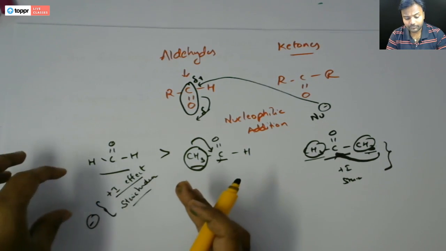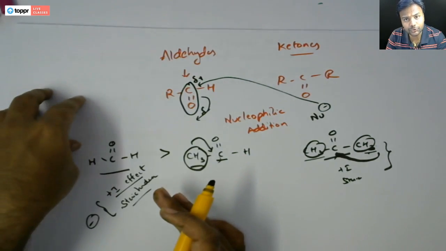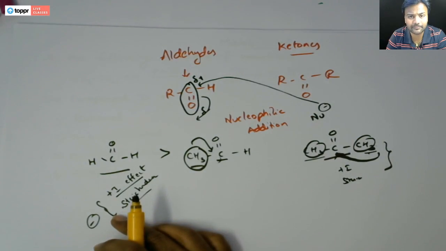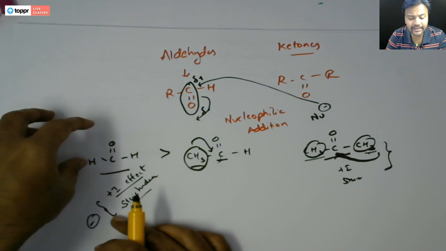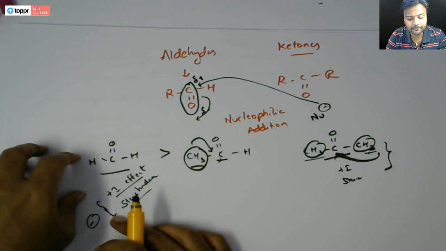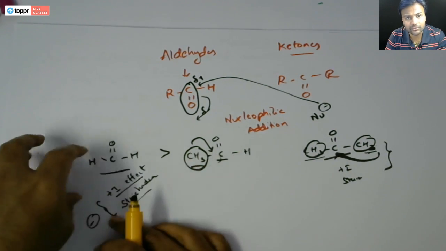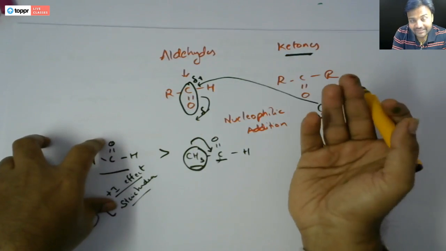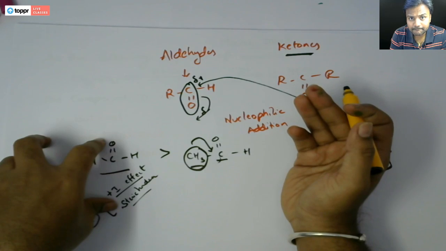Aldehydes can be reduced to alcohols and oxidized to carboxylic acids. If you have an aldehyde, say formaldehyde or acetaldehyde, it can be reduced to alcohols, whereas it can be oxidized to carboxylic acids, right?